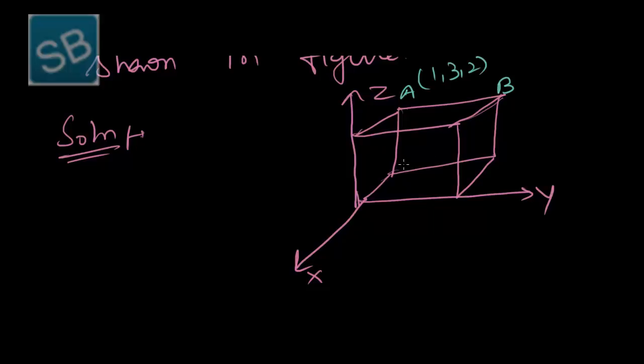We have to find the z coordinate of vertex B. A and B have the same height.